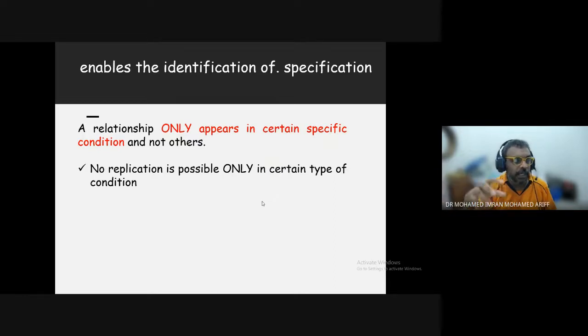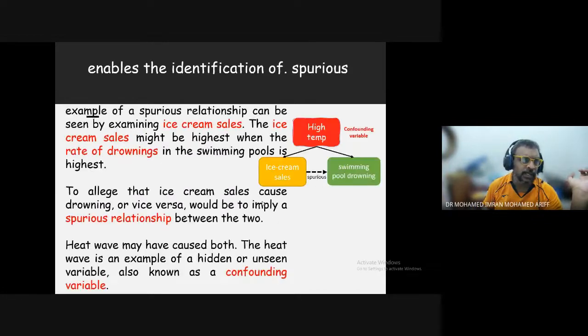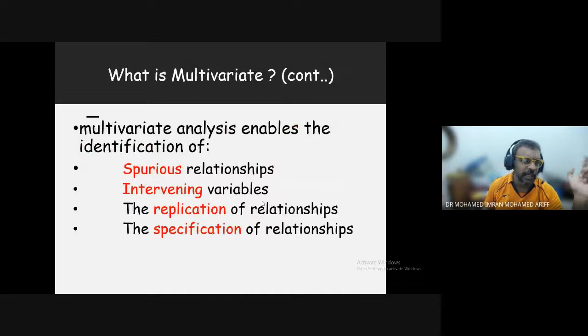Or maybe this study is only suitable for Malaysian SME companies, or only suitable for small companies having fewer than 500 workers. So it is very specified, which means you are very focused on your study. These are the types of things you will understand through multivariate analysis.